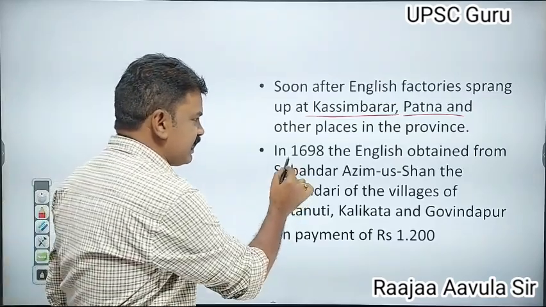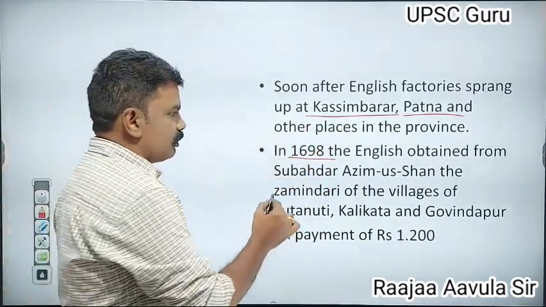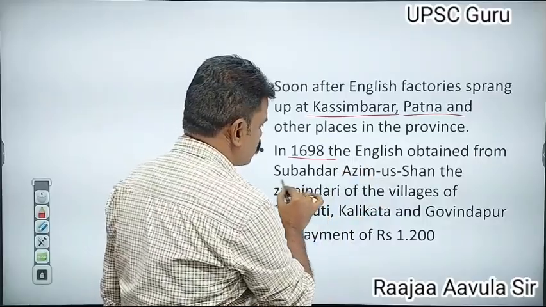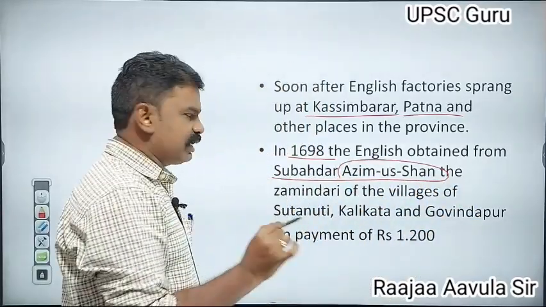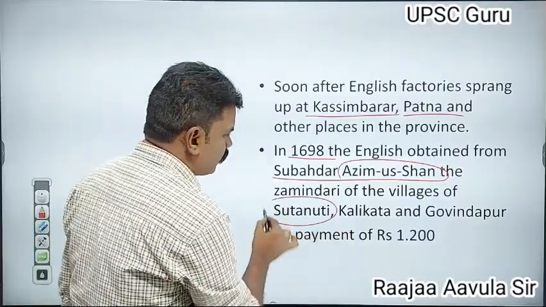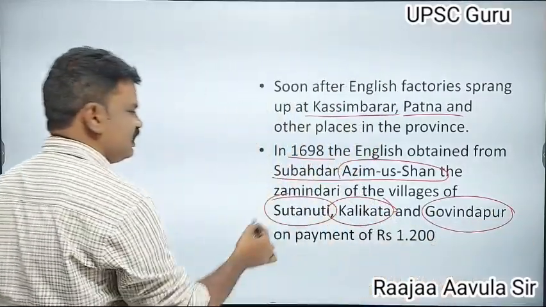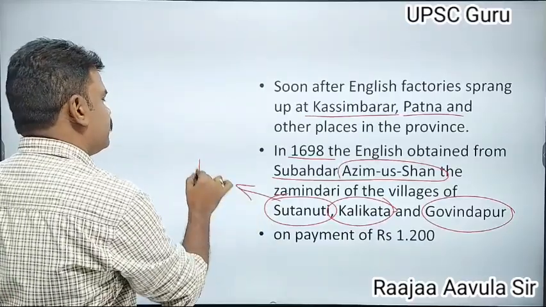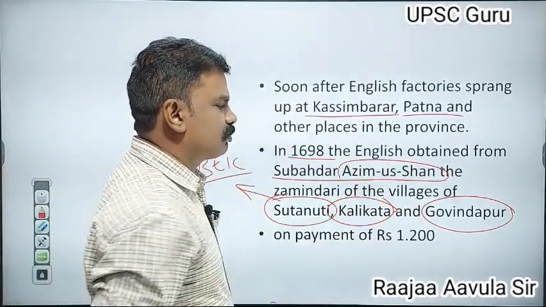In 1698, the English obtained from the Subedar Azimussan the areas Sutanati, Kalikata and Govindapur. These areas were given to the British East India Company by Azimussan.